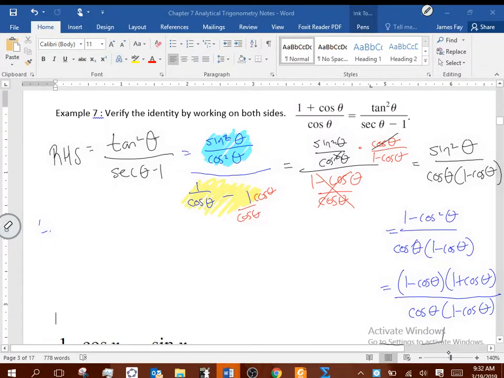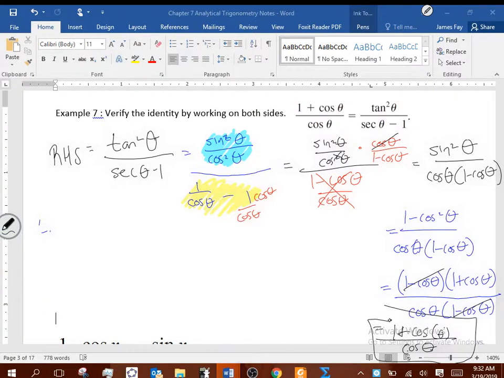What's going to happen? That cancels with that, and you're left with 1 plus cosine theta all over cosine theta, which is the left-hand side.